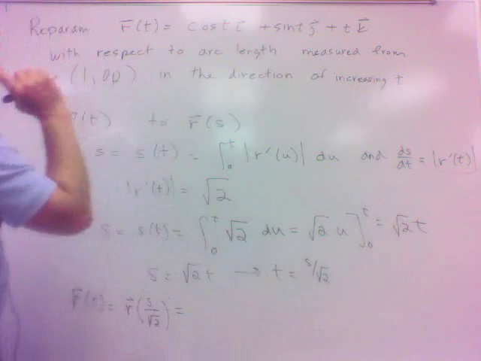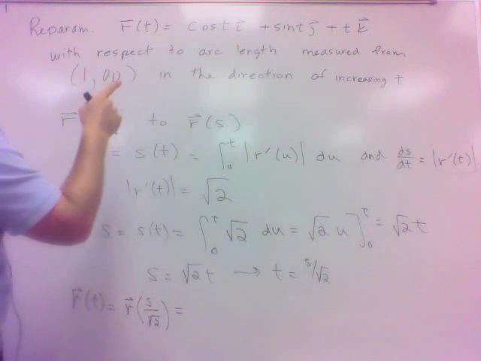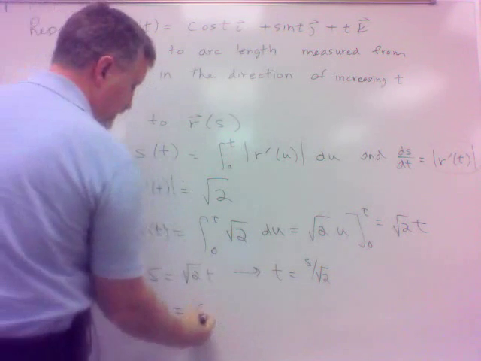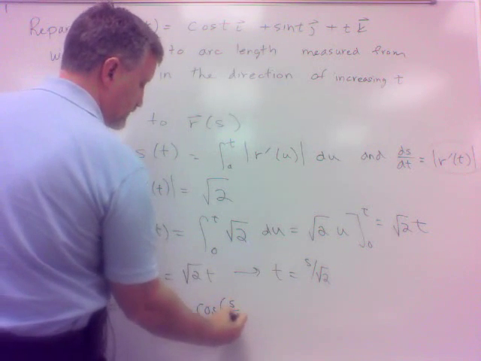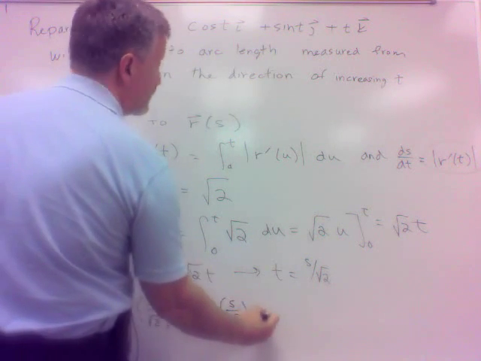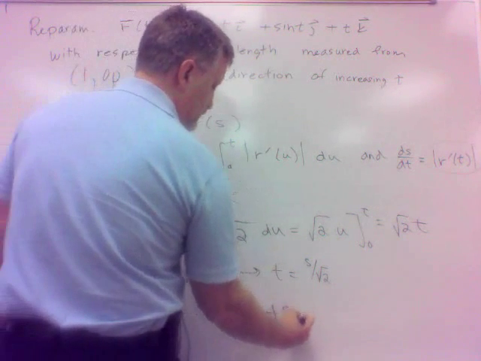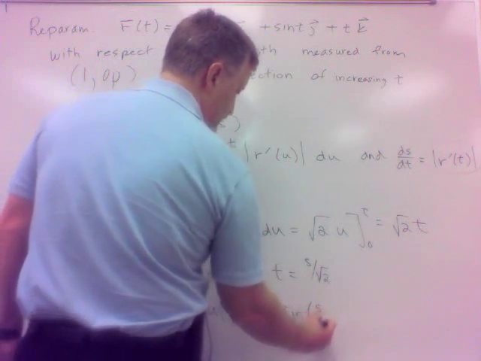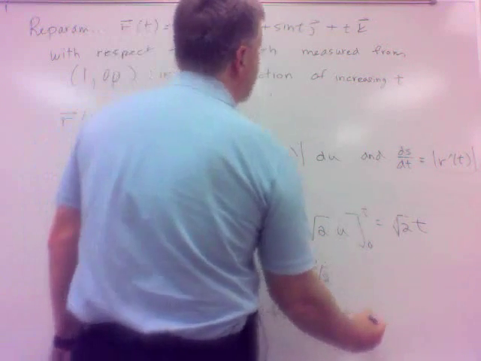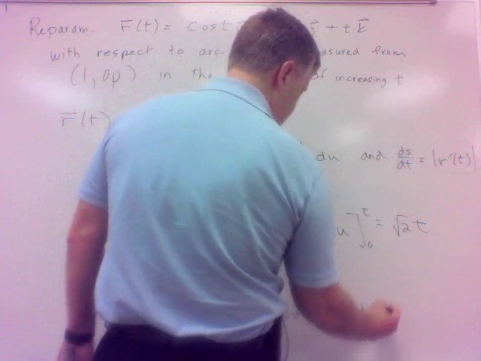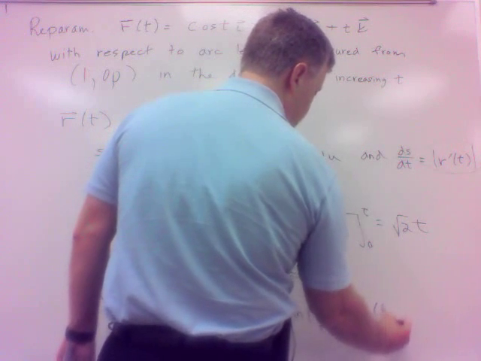Which means that is our cosine of s over the square root of 2 i plus sine s over the square root of 2 j, and then s over the square root of 2 k.